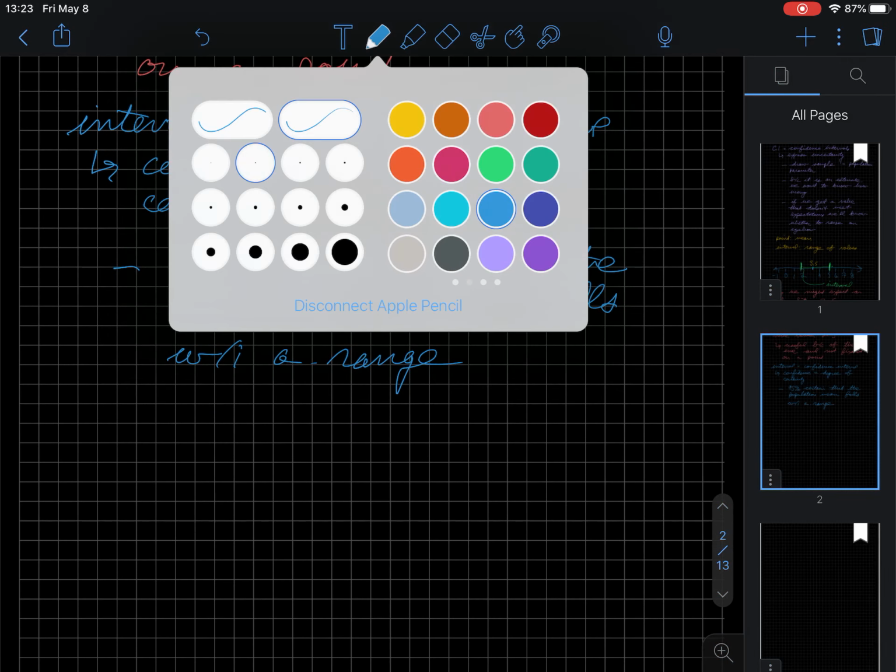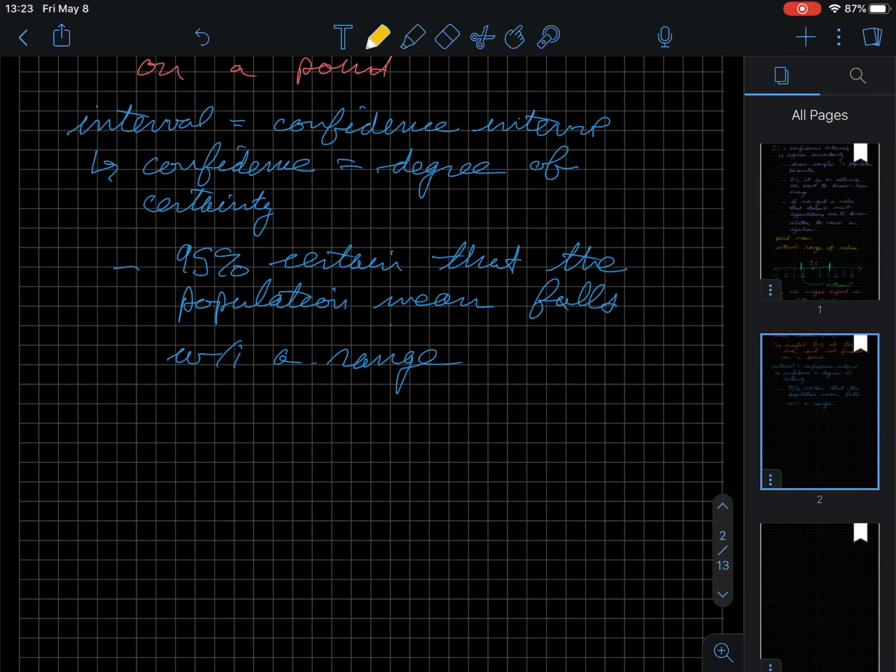So how do we go about solving this? As we've already seen, there is a confidence interval formula, and to figure this out we would use x bar, the average that we're trying to estimate. We know that there's going to be a degree of error positively and negatively, so plus or minus 1.96 times the standard deviation.